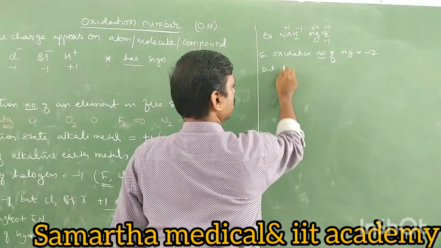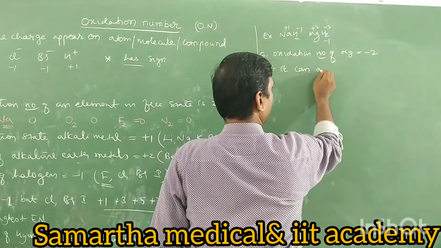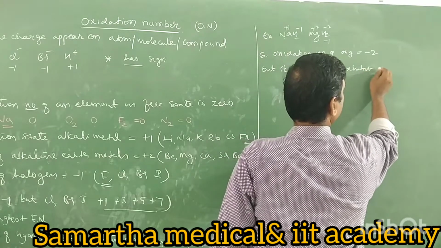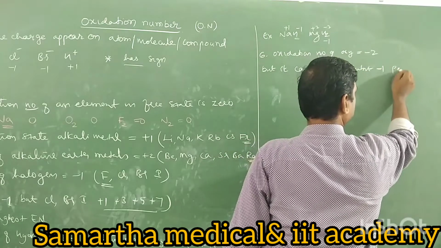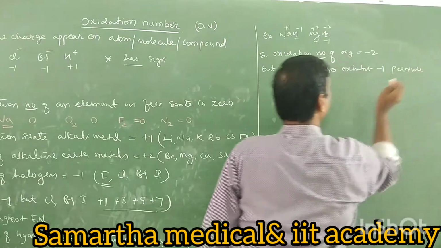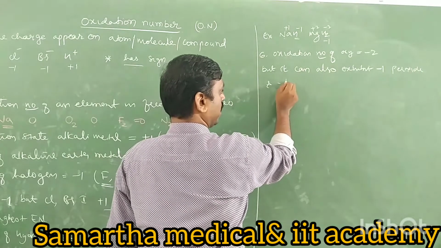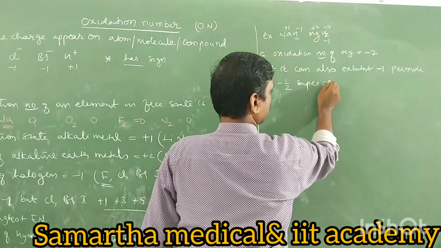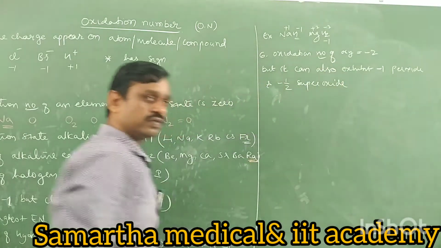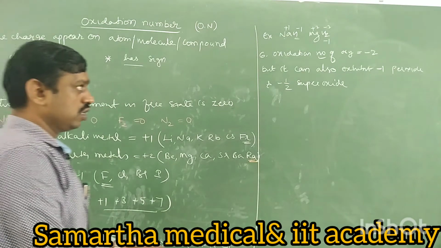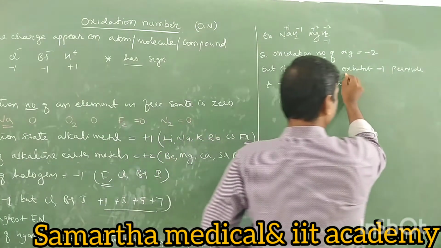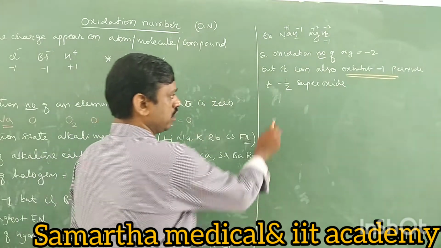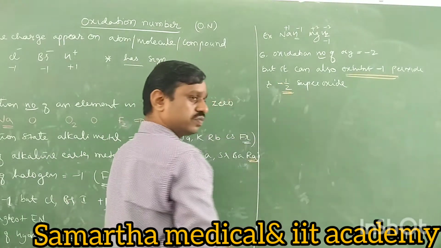Yes, it can exhibit minus 1 in peroxide and minus 1 by 2 in superoxide. Important. So in peroxide it has minus 1 oxidation state. In superoxide minus 1 by 2.